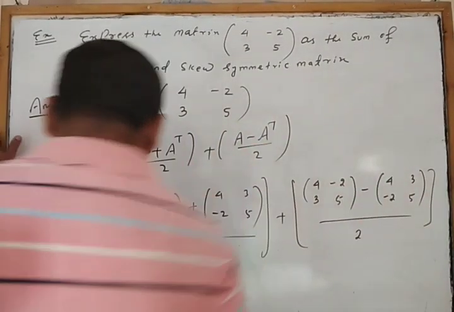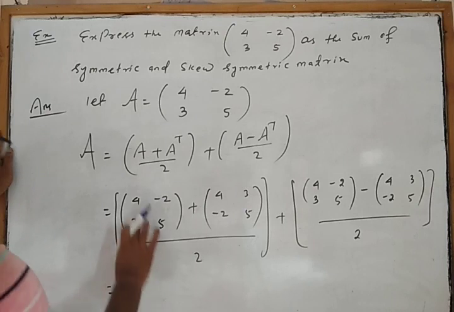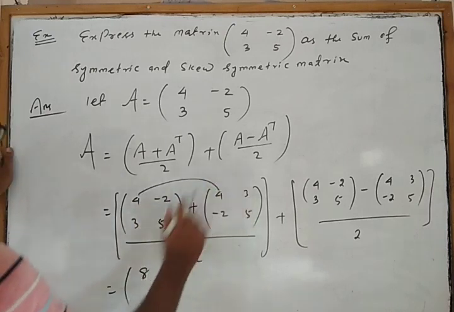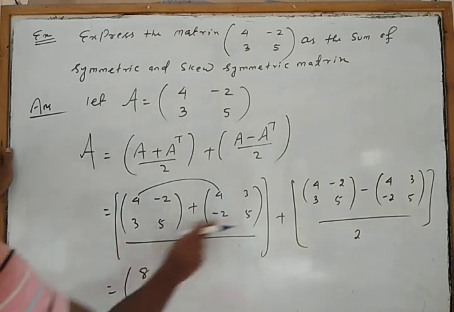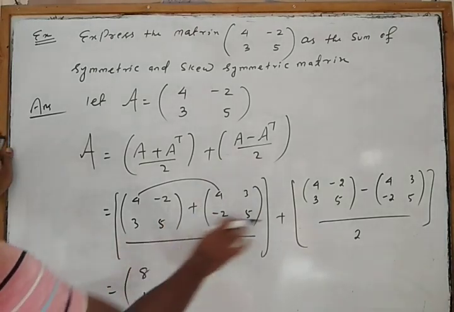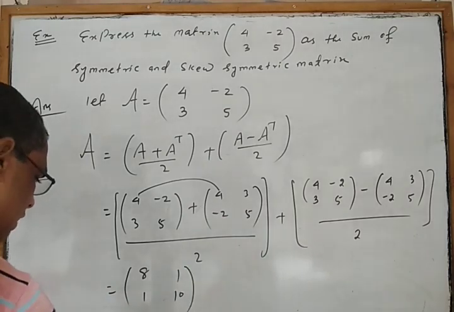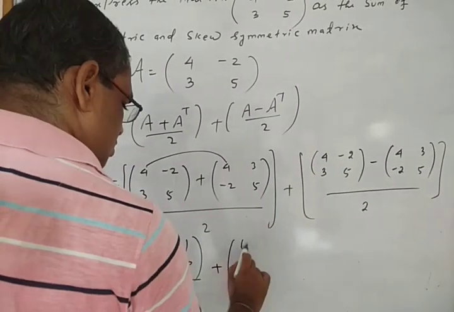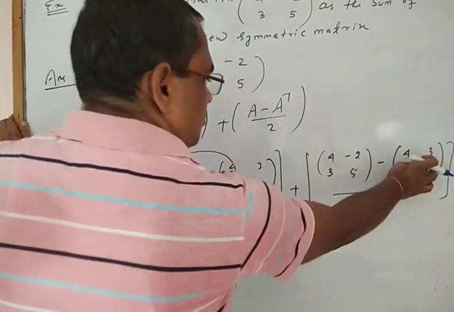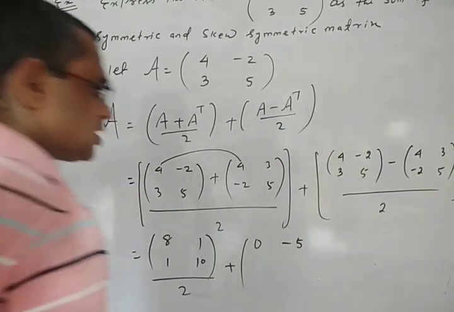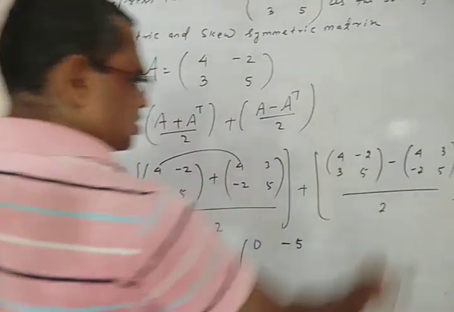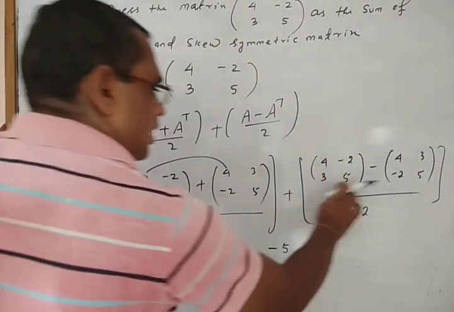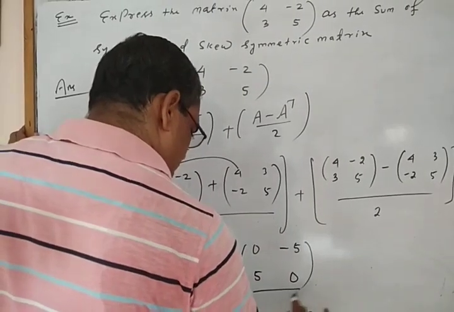So this is equal to, you have to add the matrices: 4 plus 4 is 8, minus 2 plus 3 is 1, 3 minus 2 is 1, 5 plus 5 is 10, by 2, plus here 4 minus 4 is 0, minus 2 minus 3 is minus 5, 3 minus (minus 2) is 3 plus 2, 5, and 5 minus 5 is 0, by 2.